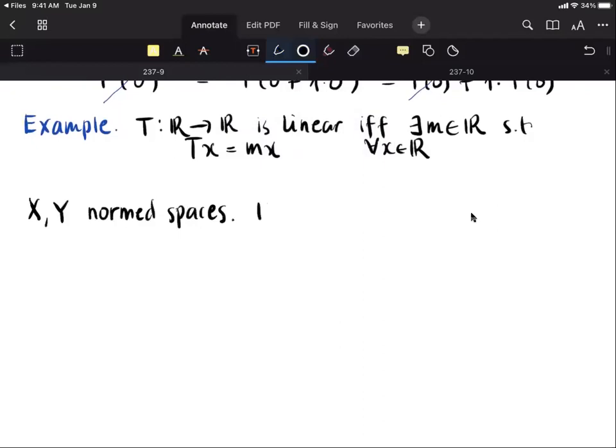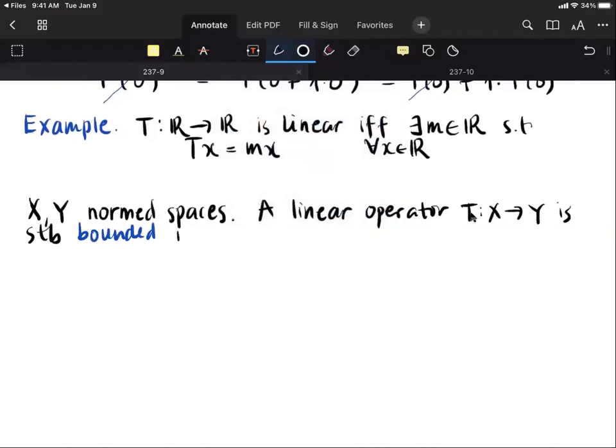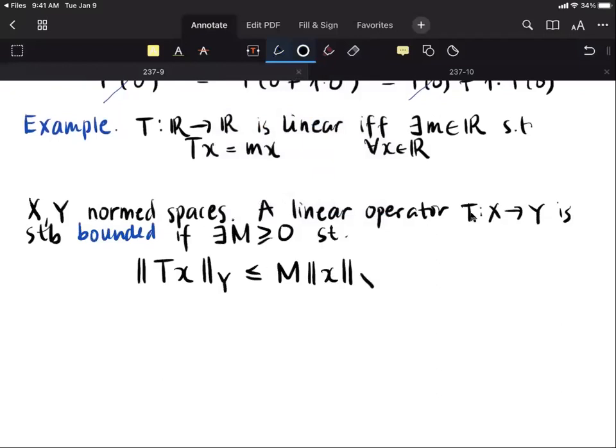Then a linear operator, say T, from X into Y is said to be bounded if we can find a non-negative constant M such that the norm of T of x with respect to Y is majorized by the constant M times the norm of x with respect to the normed space X.